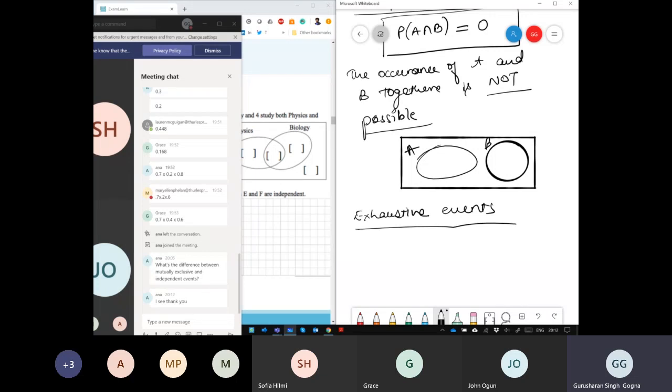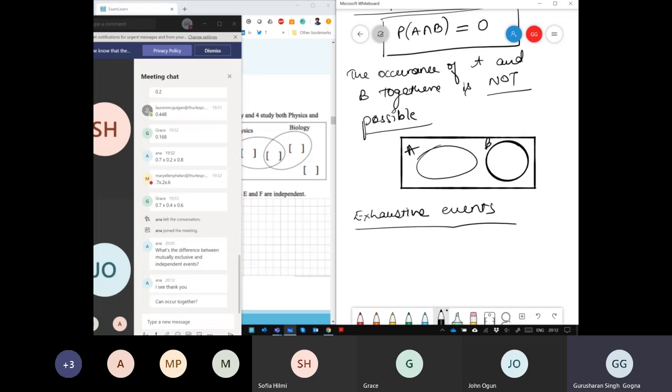Anybody know about this? What do you mean by exhaustive events? They can occur together.